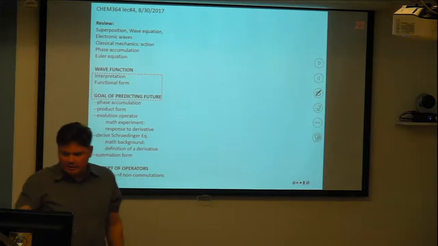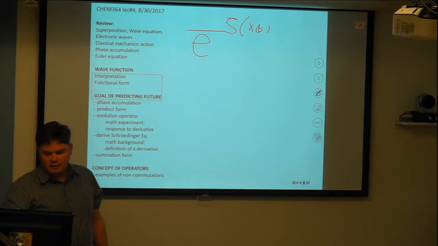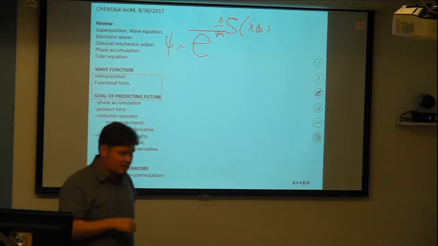So at the end of the previous meeting, we agreed that if you do know the action for a given trajectory, we can divide by the Planck constant, and the wave function will somehow depend on this construction, right?